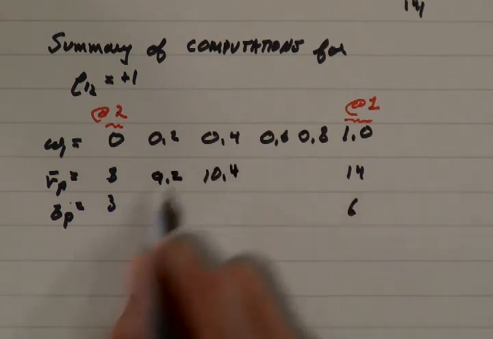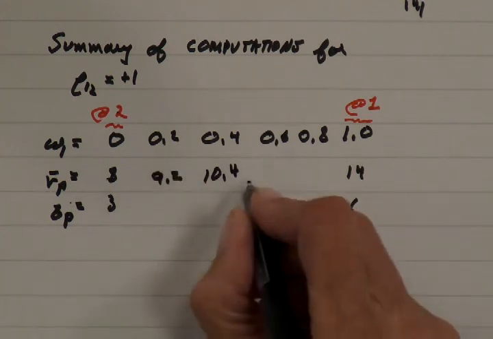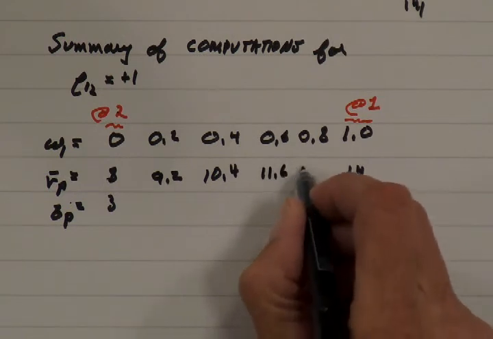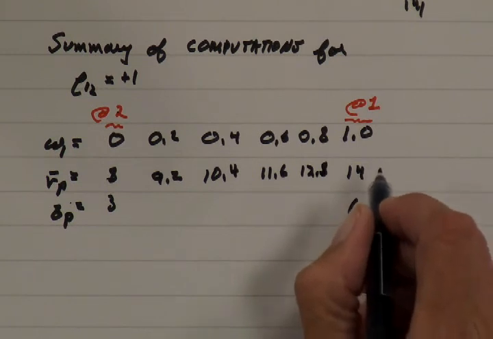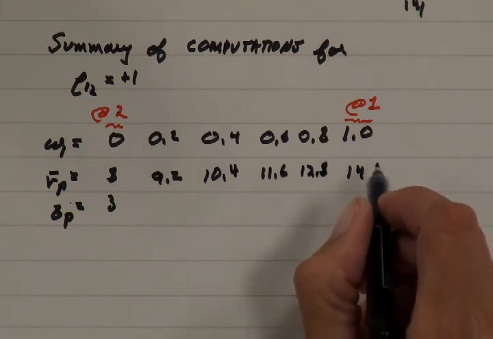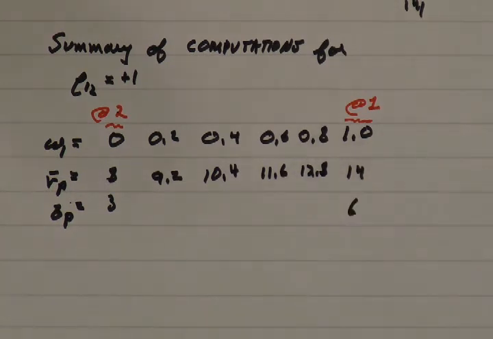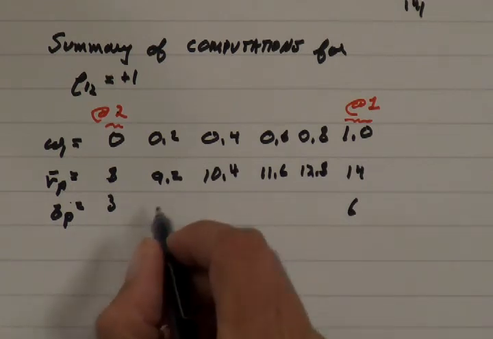For every 0.2, it goes up 1.2: 11.6, 12.8, and then it should be 14, right? Yes, exactly right.